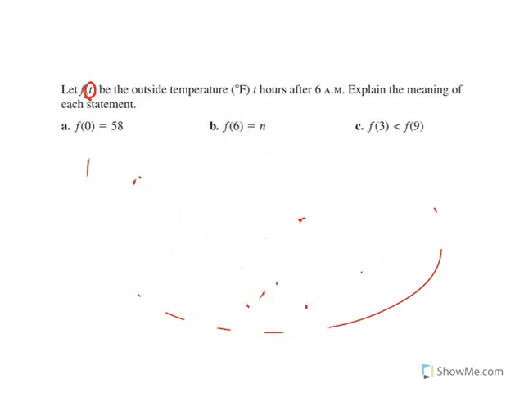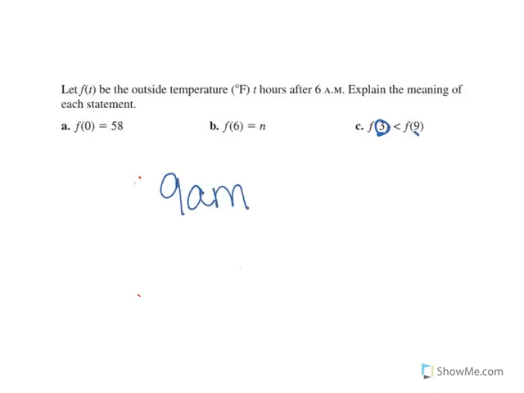And then on this last guy, we've got actually a couple pieces going on here. So here our t is 3, so 3 hours after 6 a.m., so that would be 9 a.m., right? And this one is 9 hours after 6 a.m., so 6 plus 9 is 15, right?